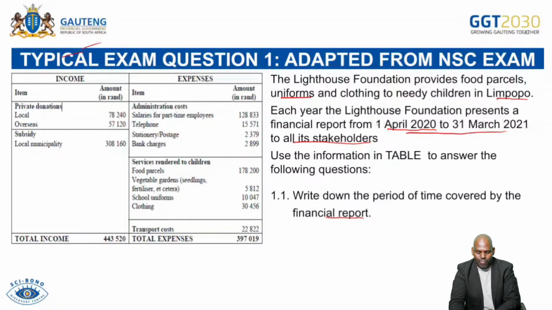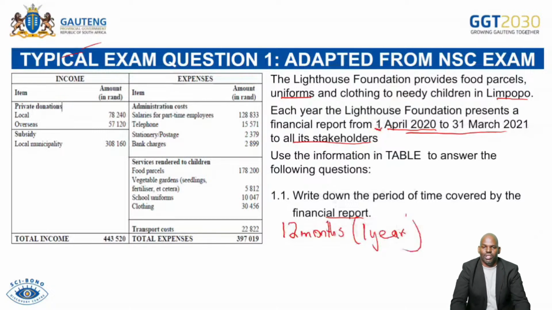From the 1st of April to the 31st of March, it's exactly 12 months. So we can say it's 12 months, or one can say it's about 1 year. That would be the period. The period is 12 months, or you can just say it's 1 year.